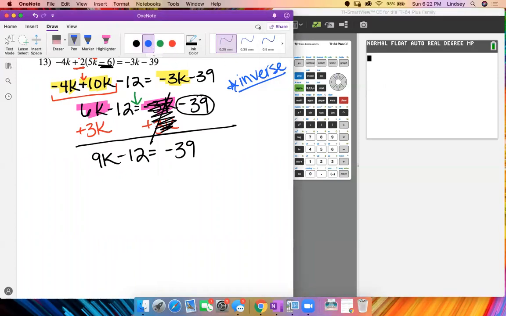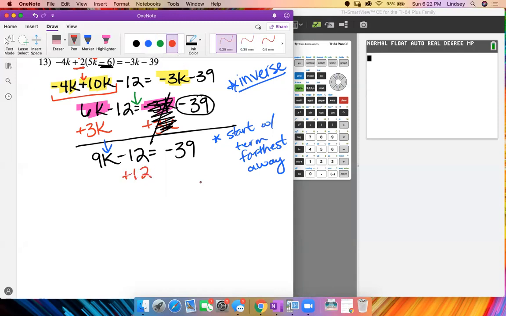So going back to our goal, get the variable by itself. We do that by starting with the term farthest away, okay? So I have a times 9 and I have a minus 12. We're going to do this minus 12 first. So how do I get rid of a minus 12?